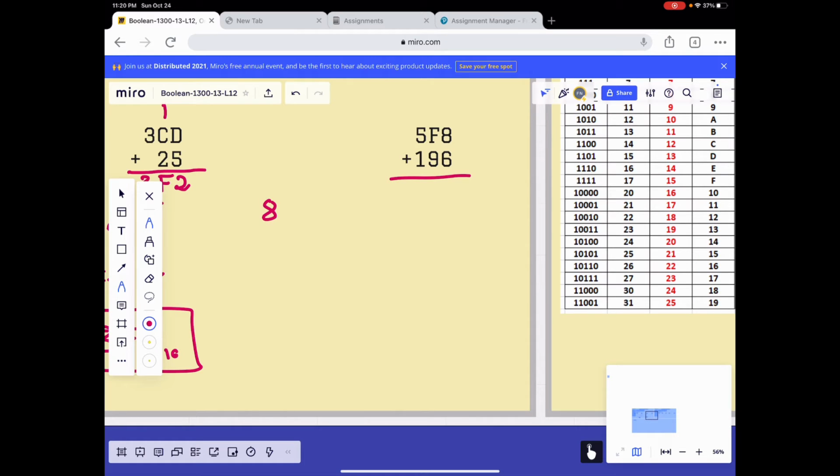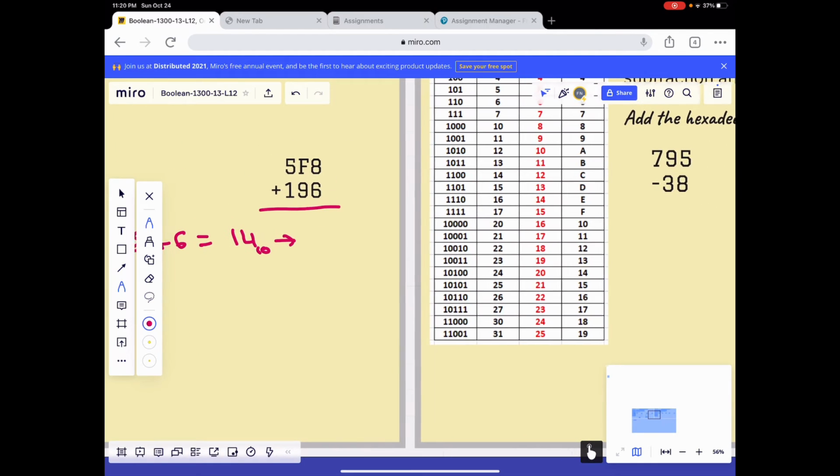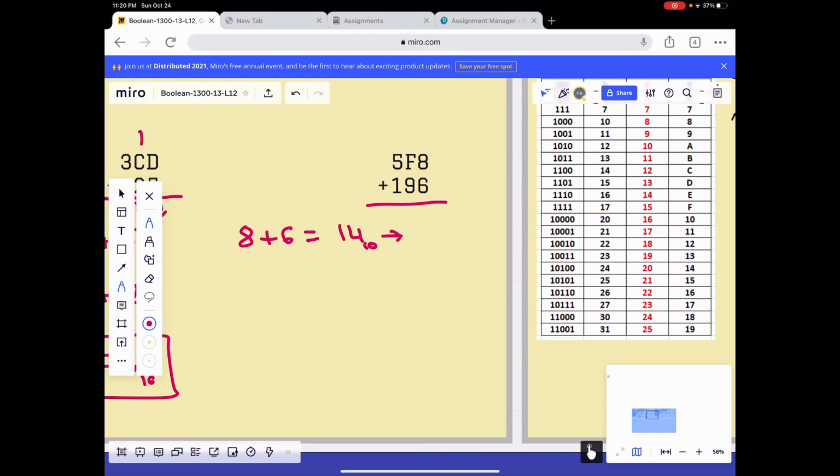So 8 plus 6, because this is the same thing. So I write out 14 decimal, and I convert back to hexa. So 14 for hexa is letter E. So I put that letter E over here. And then F plus 9.